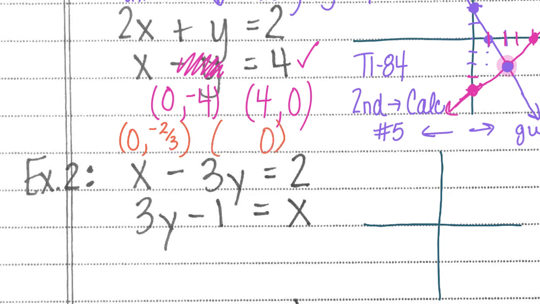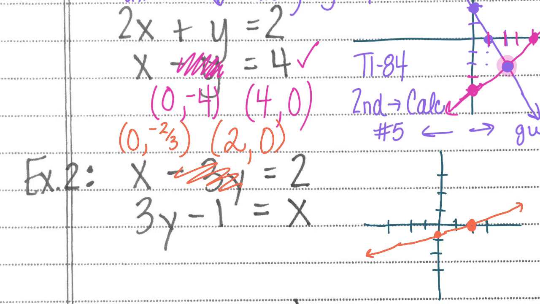When y is 0, x would equal 2. So let me make my graph. At (2, 0), I have a dot. At (0, negative 2/3), again, that's a little hard, I have a dot, and I'm going to draw this line just like this.